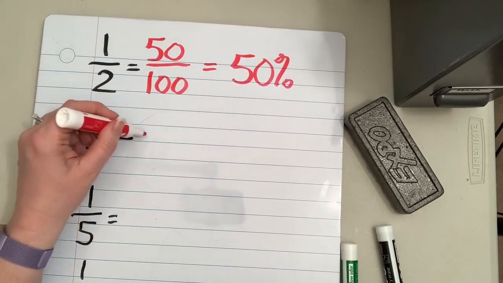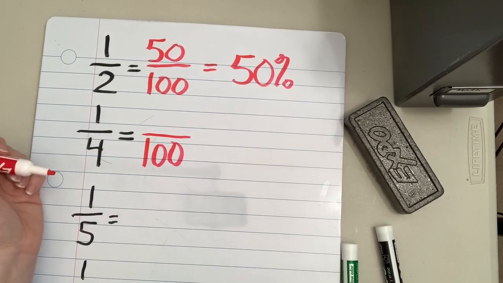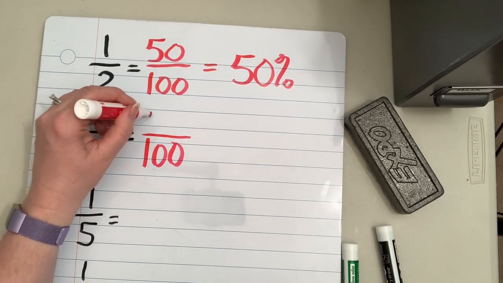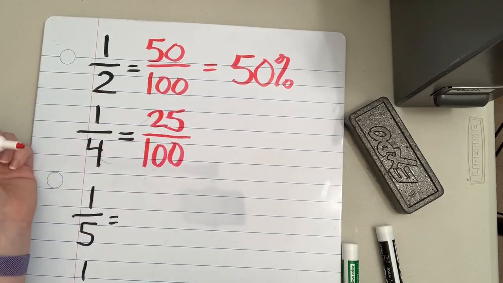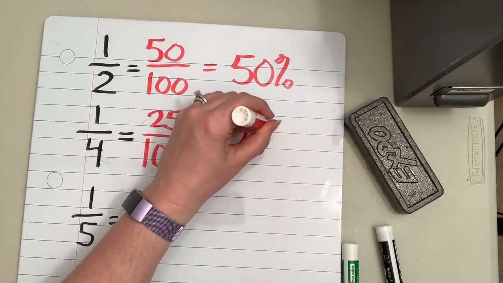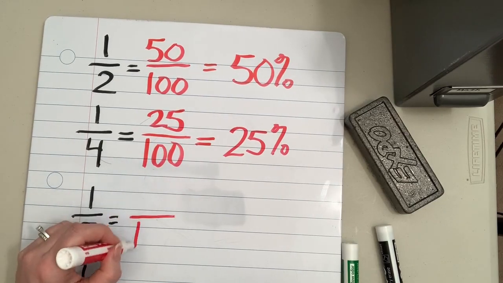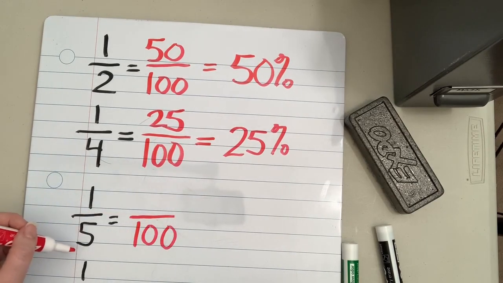The next one, convert to 100ths. 4 times 25 is 100. So you're going to get 25 100ths, which is the same as 25%. 1/5, convert that to hundredths. 5 times 20 is 100.